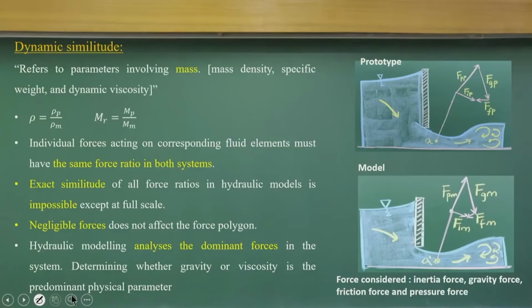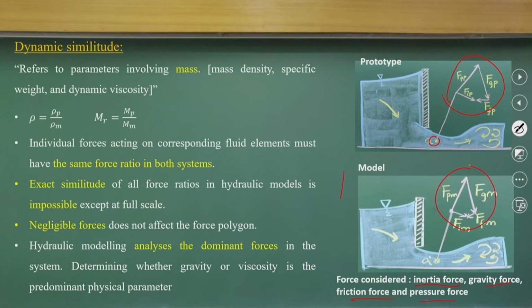So all the gates are also scaled down, and flow properties are scaled down in such a way that if I take a point having the inertia force, gravity force, friction force, and pressure force, the force diagrams will be more or less the same, but only the magnitudes will be different. When you attain that, then we call it dynamic similitude.